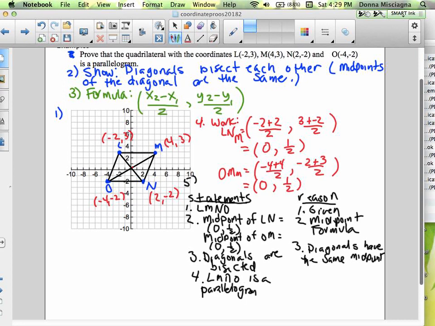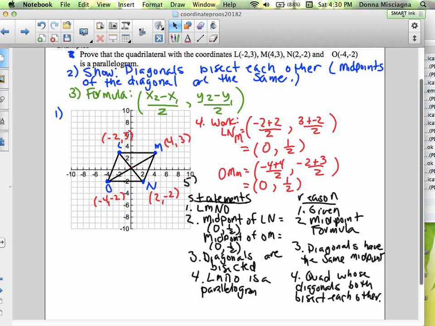How do we know? It's a quad whose diagonals both bisect each other. And that's it. We have proved this is a parallelogram. That's all there is to it.